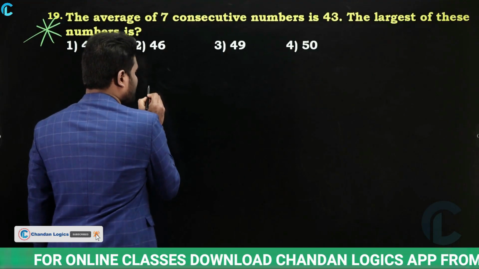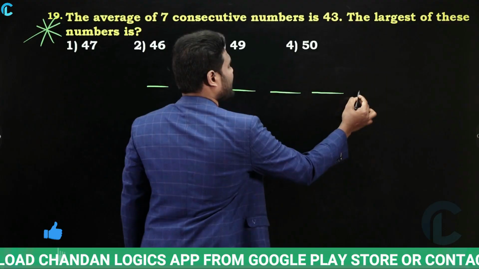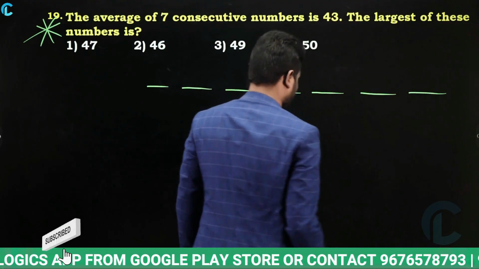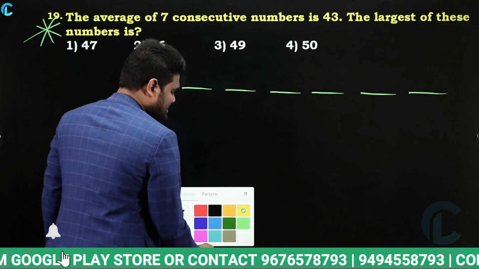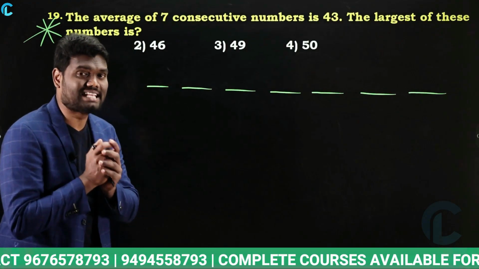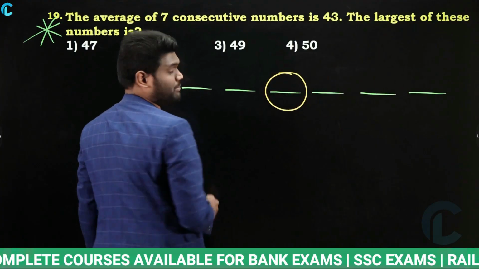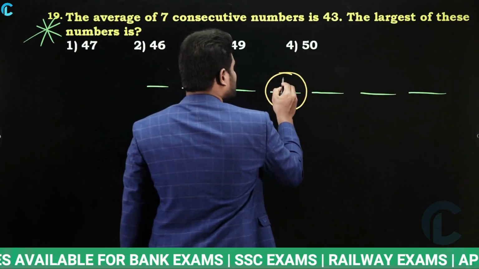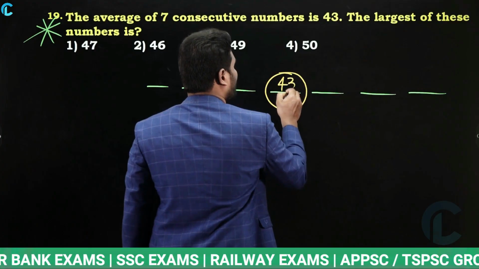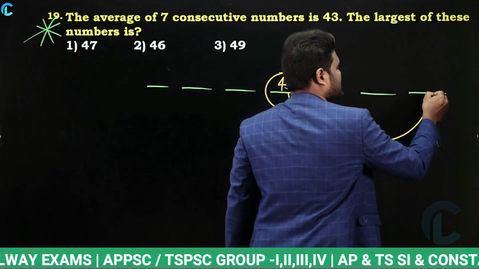Let us take 7 consecutive numbers: 1, 2, 3, 4, 5, 6, 7. For these 7 consecutive numbers, the average is nothing but the middle term, the exact middle term. For the 7 numbers, the exact middle is nothing but this number. In the question it is saying that this number is going to be 43, and you are asked to find the highest number. This is your highest number.